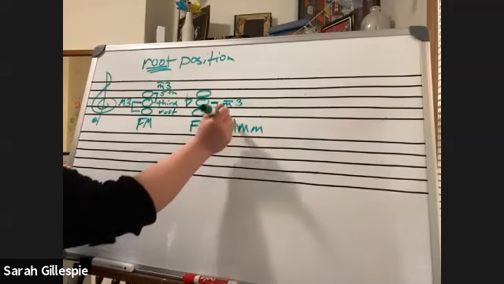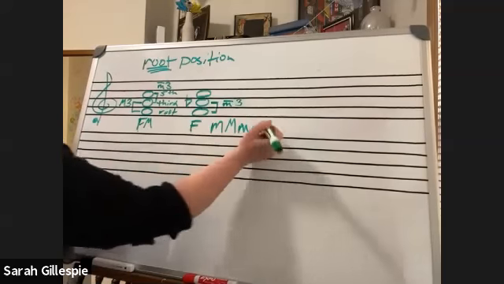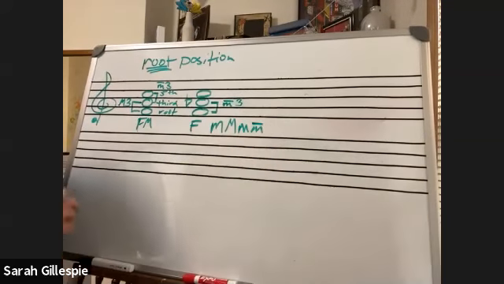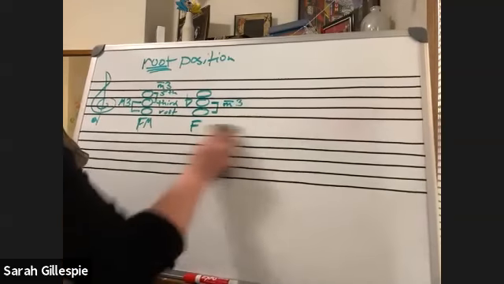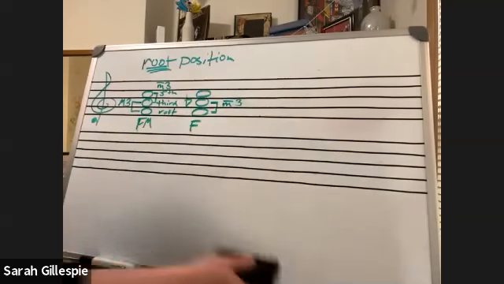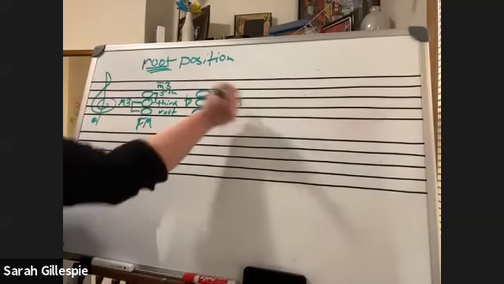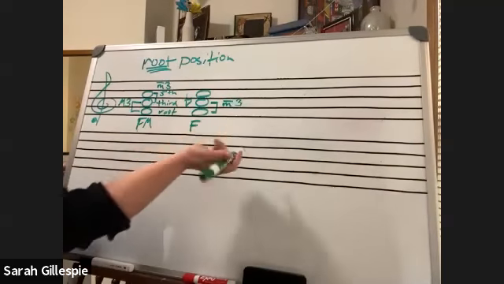So if we want something major, we write it big and pointy, and if we want something minor, we put the line on top to distinguish, because sometimes people's handwriting is not super great. So we have a minor third.